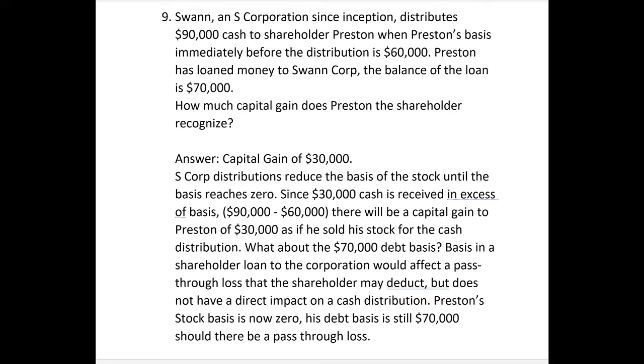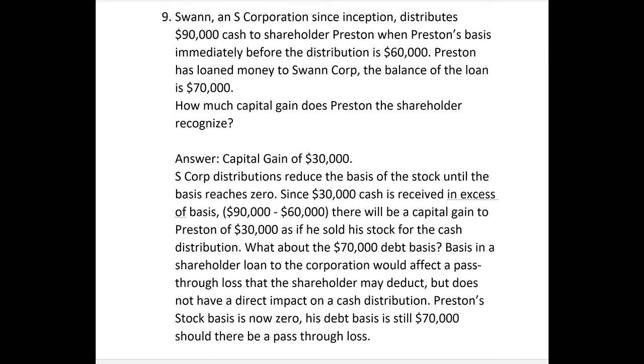So what about the $70,000 debt basis? Well, they told us Preston loaned money to the corporation and the balance of the loan is $70,000. That's his debt basis. Well, basis in a shareholder loan to the corporation, what does that impact? That affects a pass-through loss that a shareholder may deduct. But shareholder debt basis does not have a direct impact on a cash distribution.